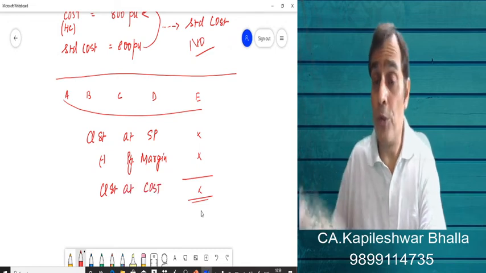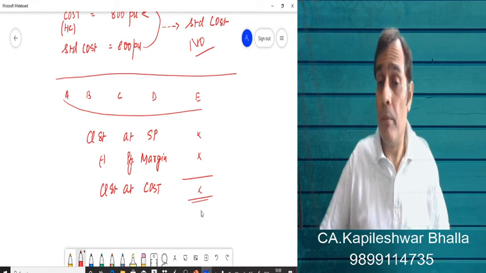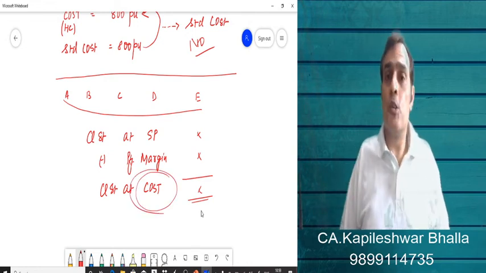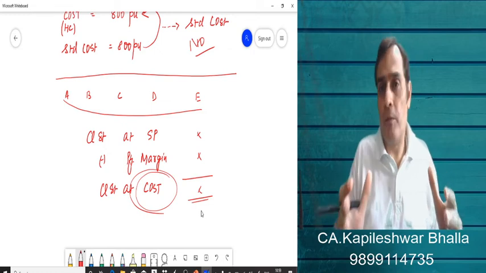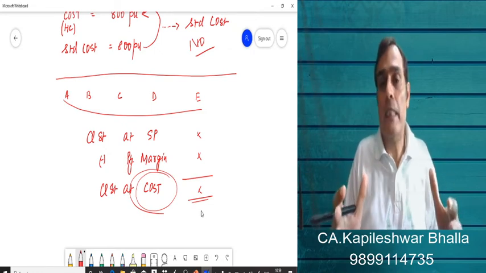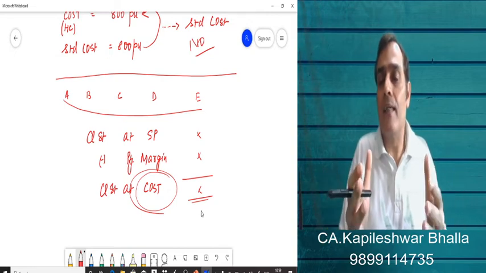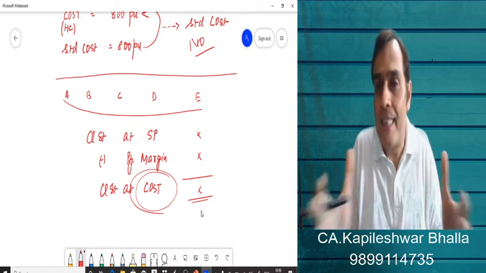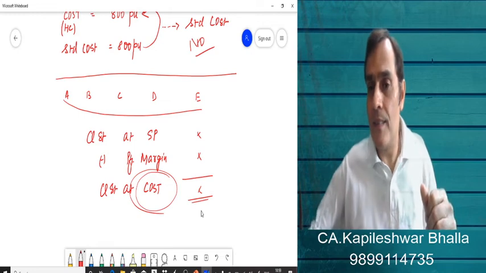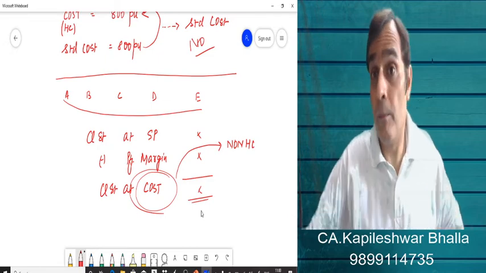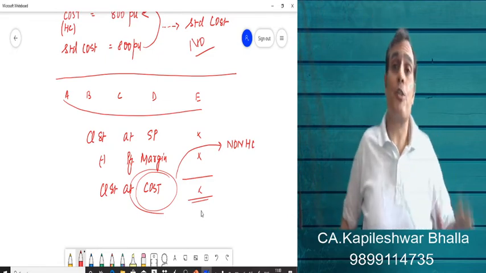We used to call it cost, but remember, this cost is not the actual cost. Because when you reduce the average profit margin of all the five products, you get a closing stock which is based on an average margin. So this is not the exact cost. Indirectly, you can say this is a non-historical cost. So we used to apply the concept of a non-historical cost method.